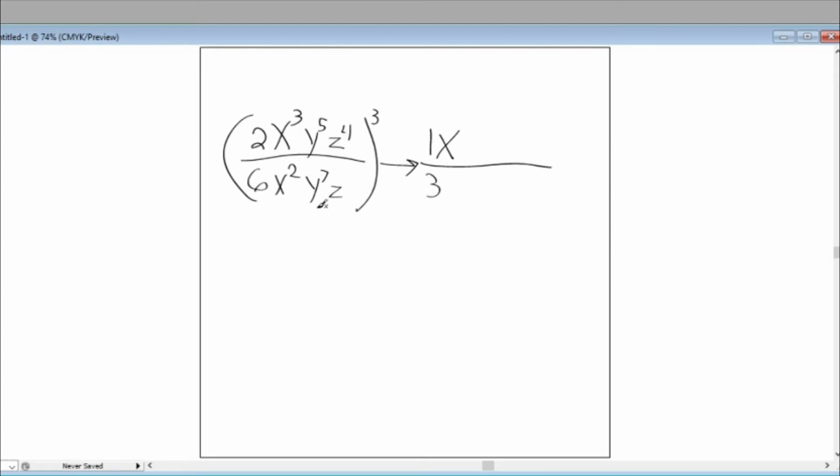We move on to y. Y to the fifth divided by y to the seventh. I need to subtract these exponents. 7 minus 5 is going to give me y to the second. And I put my y on the side that has the larger exponent, so that's going to be on bottom. Y to the seventh is larger.